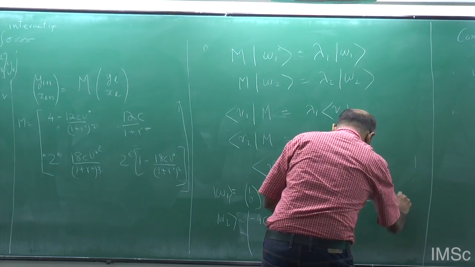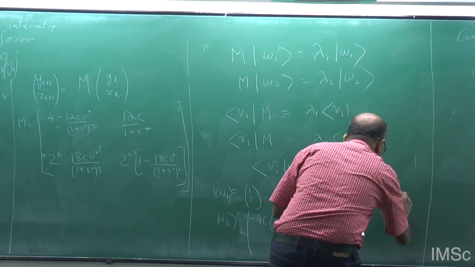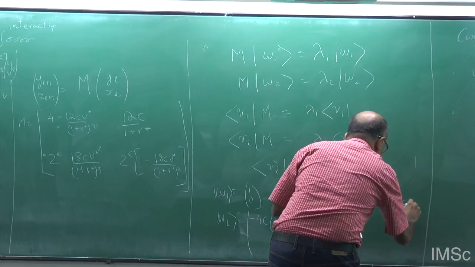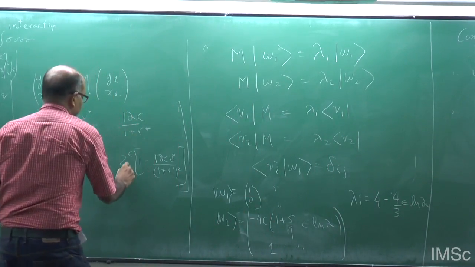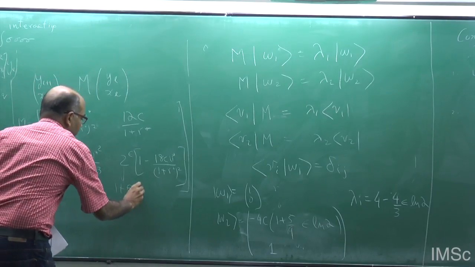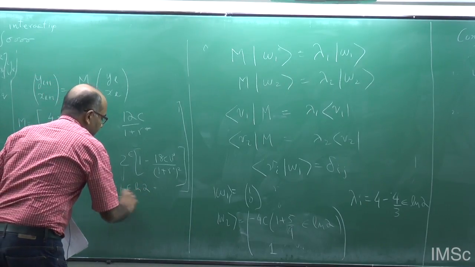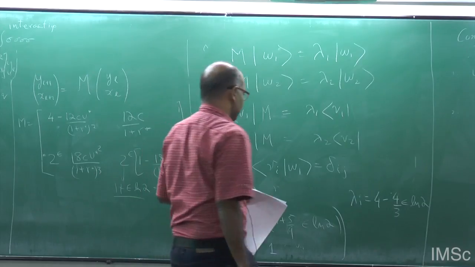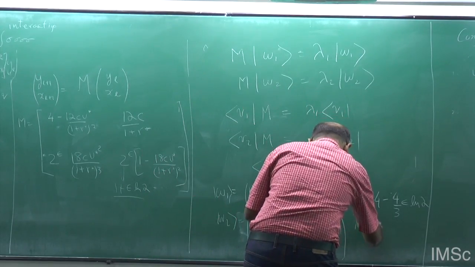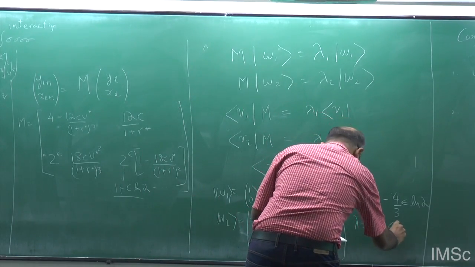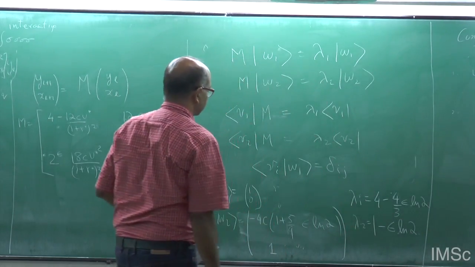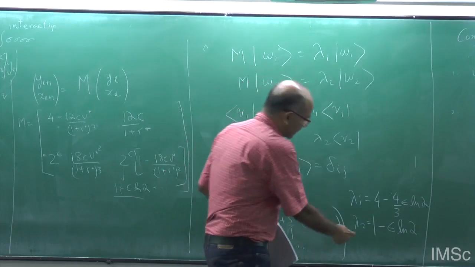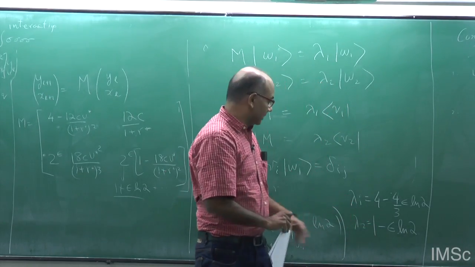4 minus 4/3 epsilon log 2. Yeah, so you've linearized it. You just keep that. So lambda 1 is this, and lambda 2 is 1 minus epsilon log 2. Notice that this is less than 1, this is greater than 1.